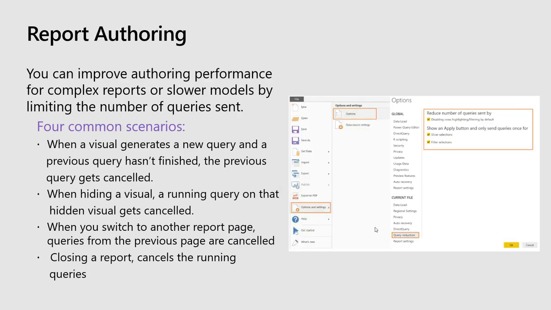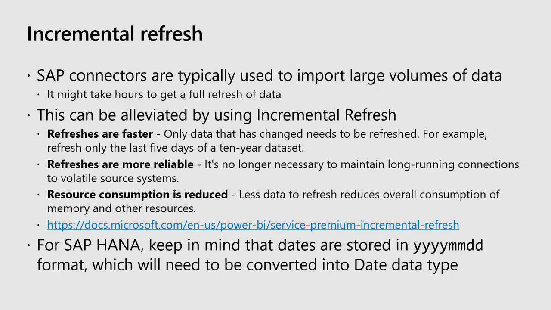About this. So let's talk about, sorry about the technical issues, report authoring. So how do I improve my report authoring when I'm connecting to HANA? With the May release of Power BI Desktop, a few improvements have been made. One of the common issues is, hey, I'm working with direct query, I'm creating these visuals.